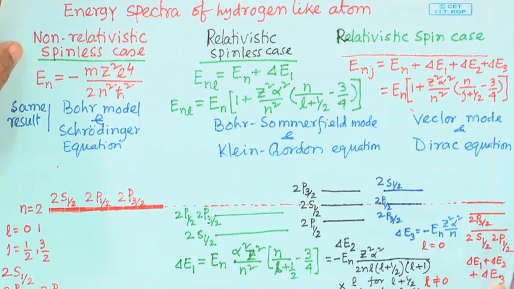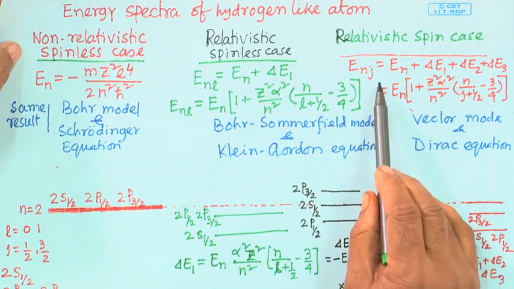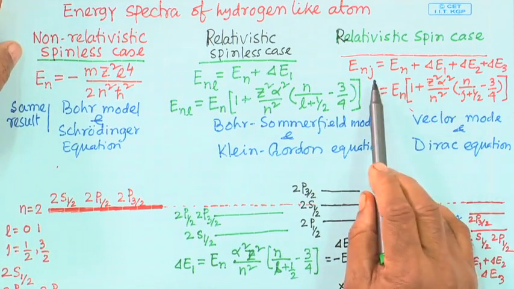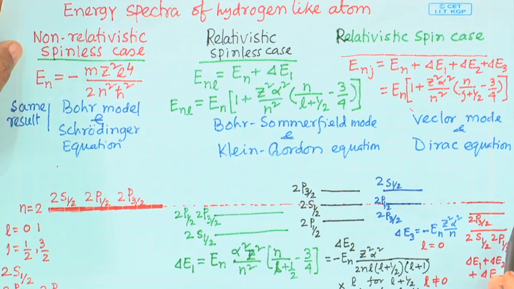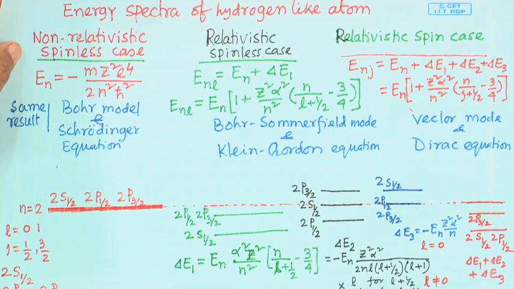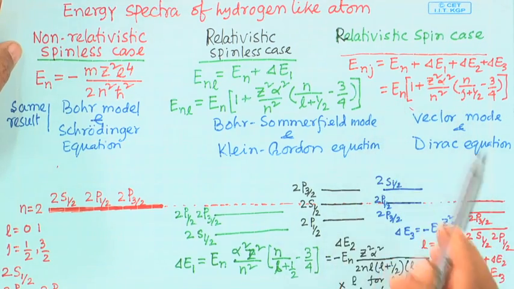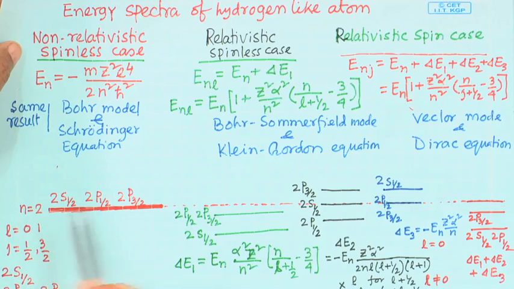Here this E n J does not depend on L, it depends on J. So, for the same L value, we only have to see the J value of this term and the N value. N is the same for all, N equal to 2.